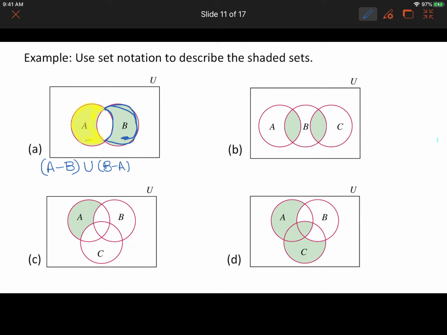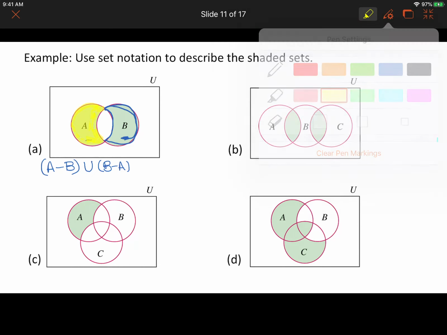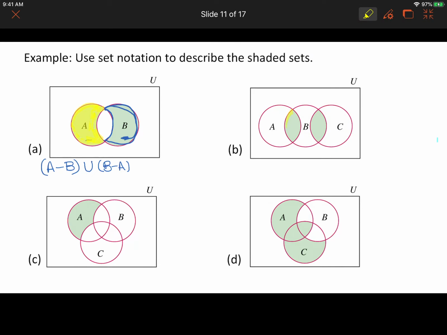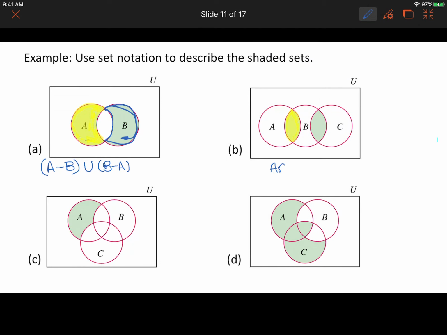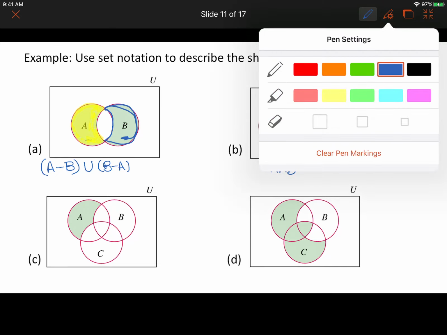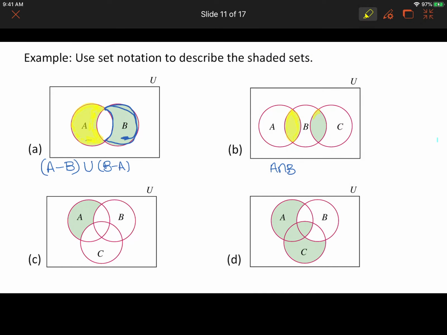Okay, what about B? Here, again, if I think about each of these regions separately, since they're disjoint, this first region is just the overlap between A and B. That's what we call A intersect B. Similarly, this region over here is just the overlap between B and C. Those are things that are in B and in C, so that's B intersect C. And I want things that are in either this yellow region or this yellow region.